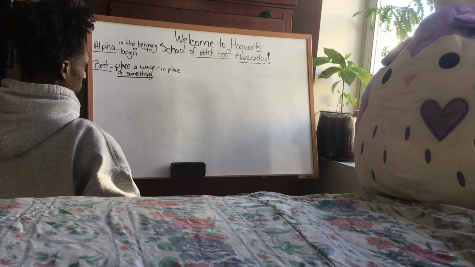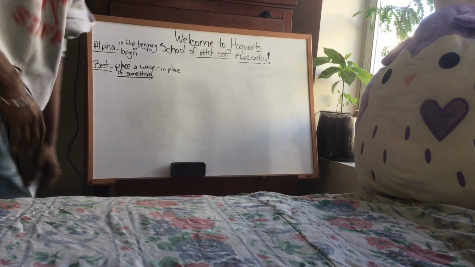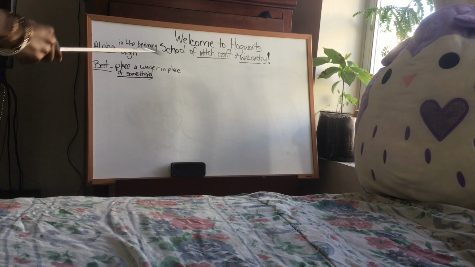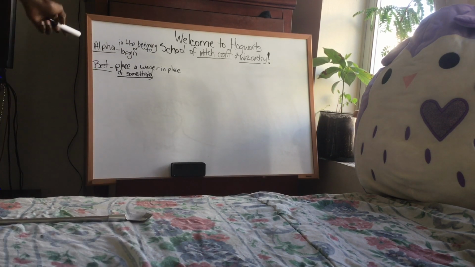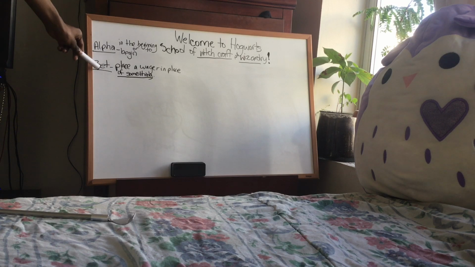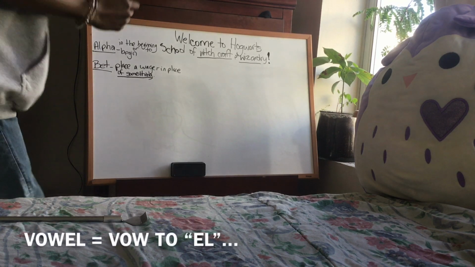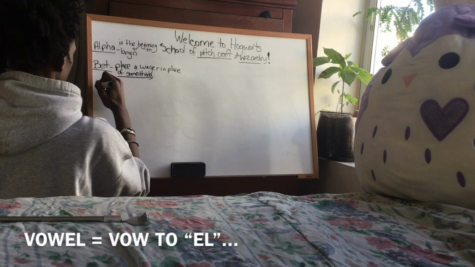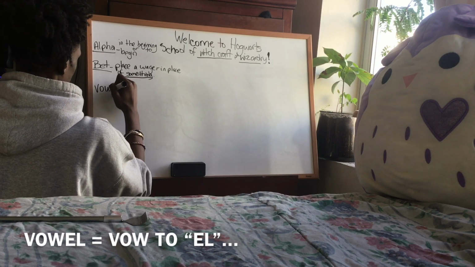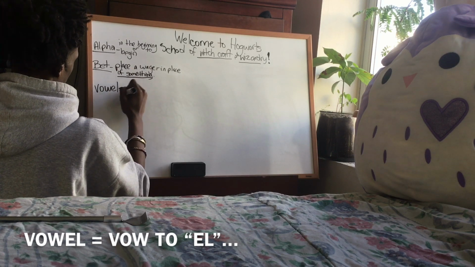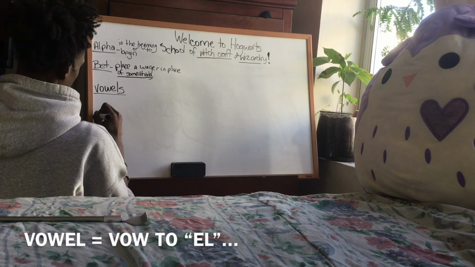Okay? So in school, when you're a child, you're taught your alphabet. Now if you look at the word alpha and beta, right? Then you learn your vowels, and then you learn consonants.